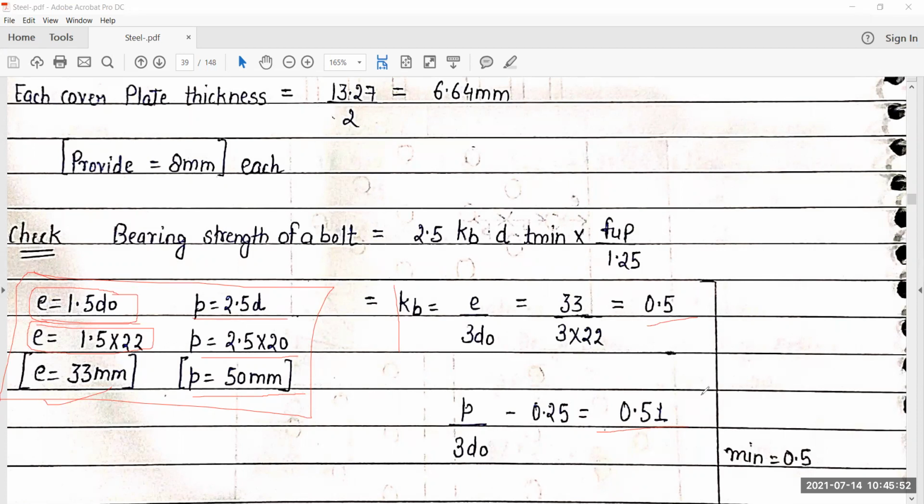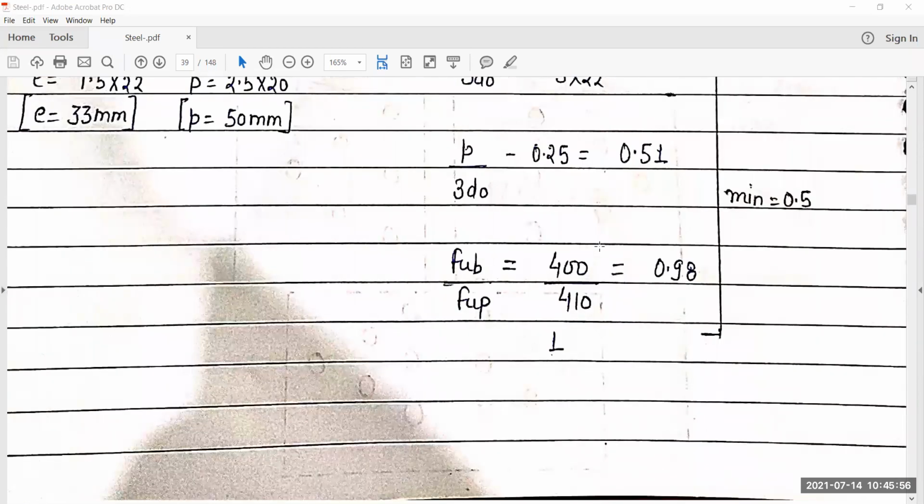The minimum value is the result you get. Then fub upon fu equal to 800 upon 410, equal to 0.9, and the average value you get is one.